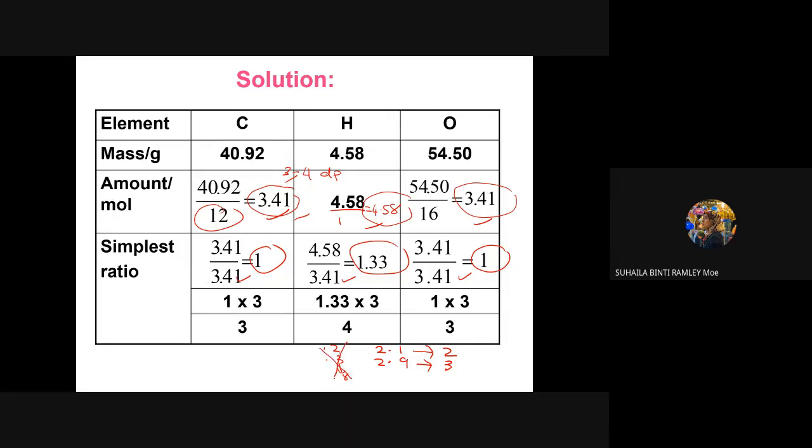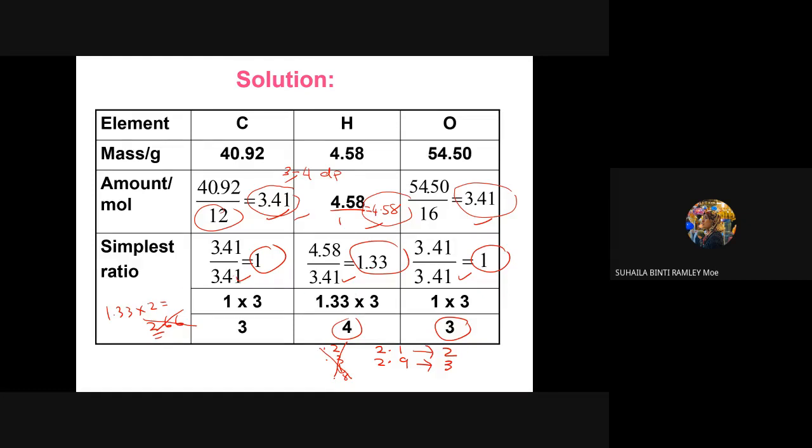Kita perlu cari satu simplest number untuk multiply supaya kita dapat whole number. For example, this one, 1.33. The simplest number we have is 2. Tapi bila kita times 2, 1.33 times 2, we will get 2.66. Bila 2.66, dia still 0.6, so kita tak boleh round off jadi 3. So we cannot multiply 1.33 with 2.